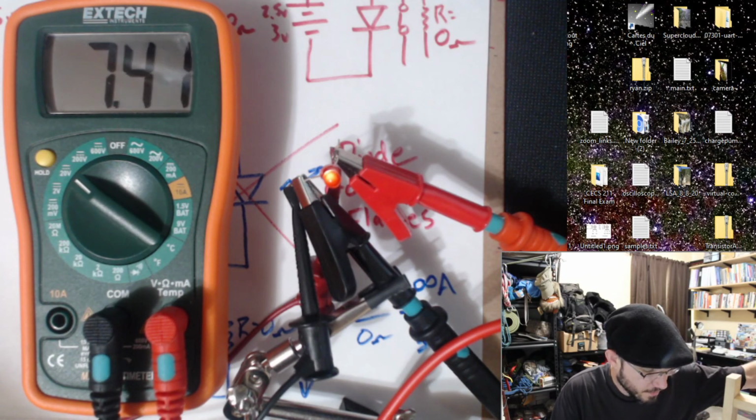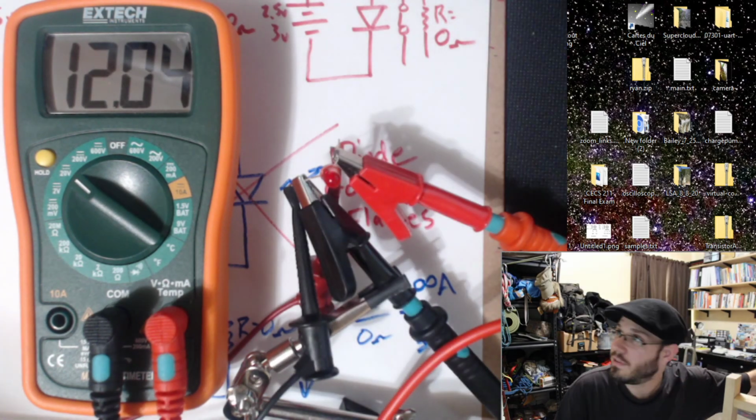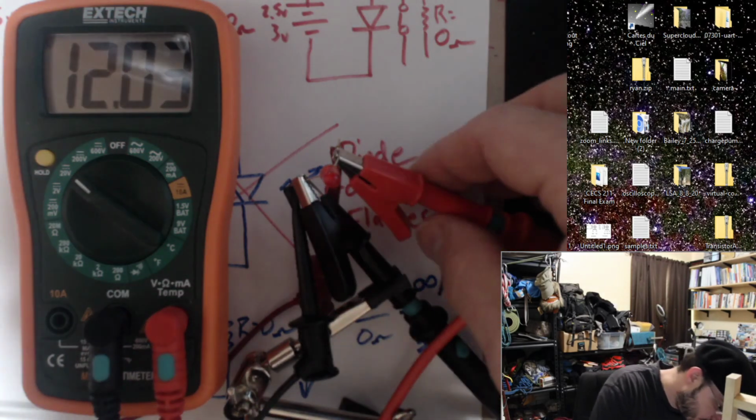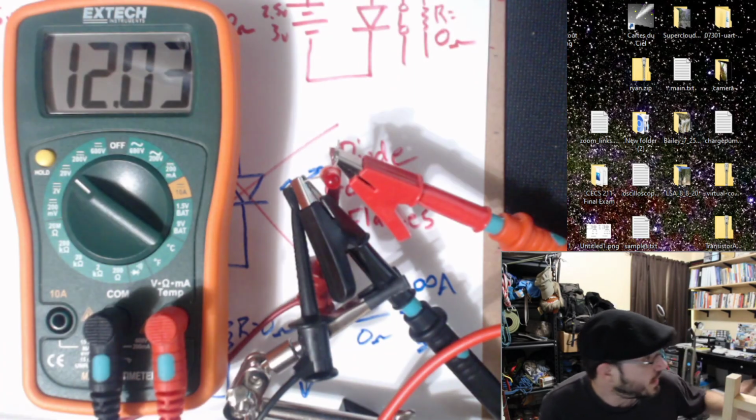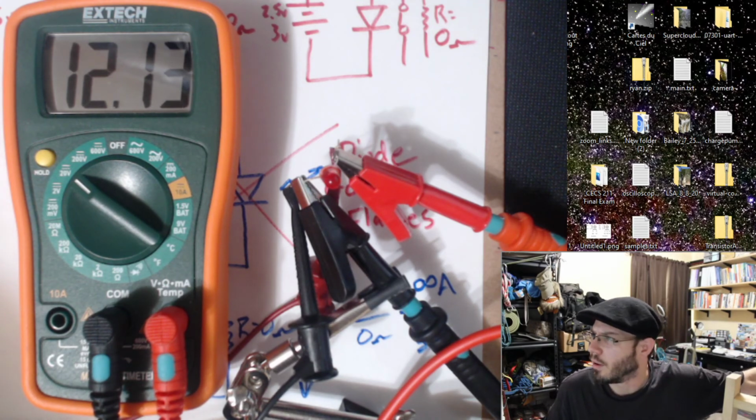Maybe we'll get a little smoke coming off of it. 8 volts, 9 volts. This is loving it. Okay, and I just killed this diode. It's even looking a little blackish on my screen. Oh, that smells terrible. Okay, burnt silicon.